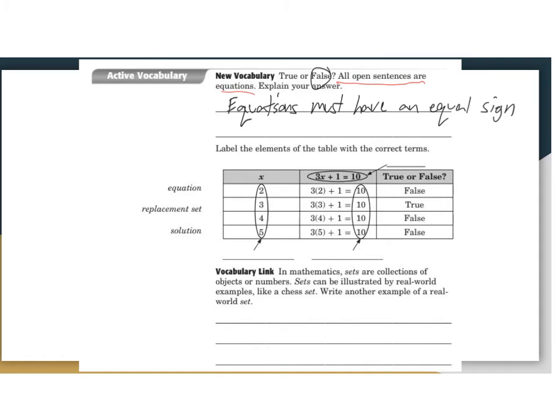Next, let us label the table. So go ahead and label the element table with the correct terms. First we have equation. Where does an equation go? Equation goes up here. The replacement set.